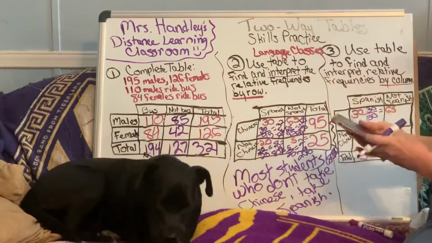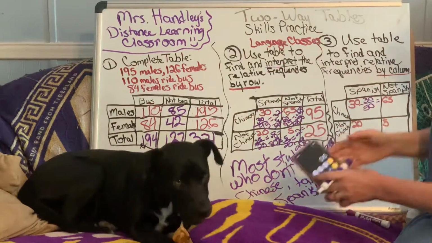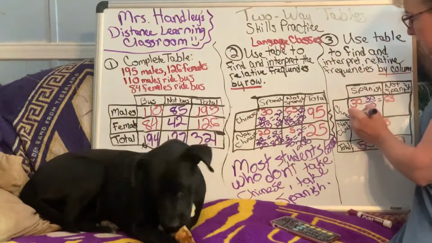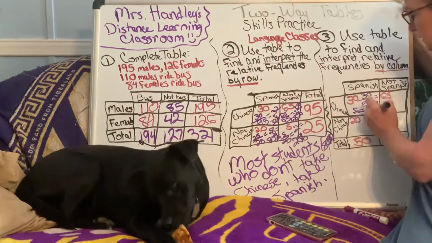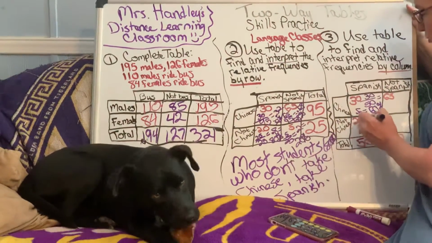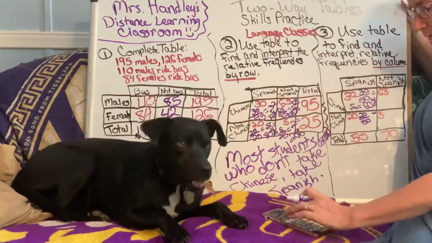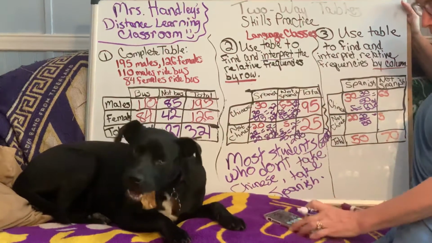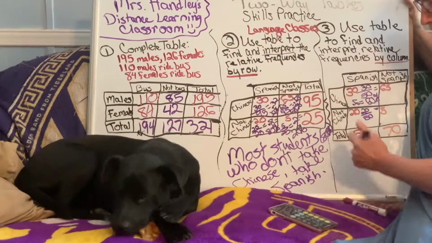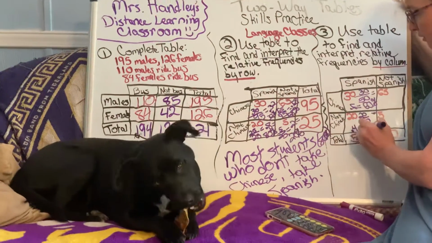And then you do the division, and you get 0.6, which equals 60%, and 20 over 50, you can use your calculator for all of these, equals 0.4, which is 40%.